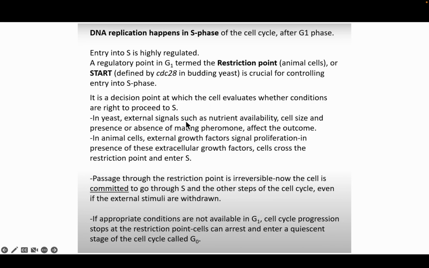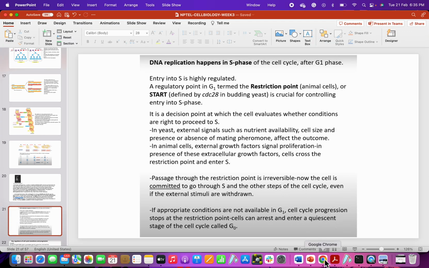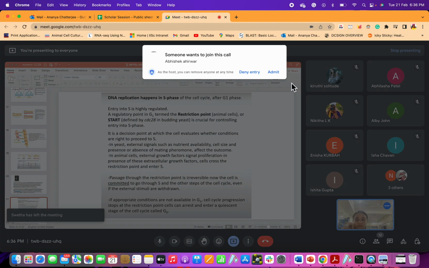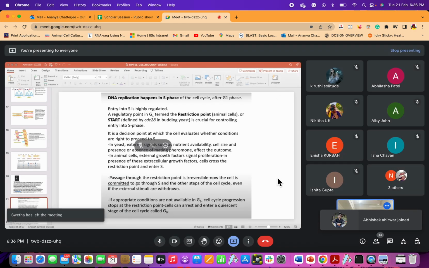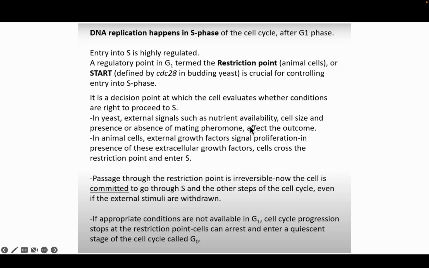In yeast, external signals such as nutrient availability, cell size, and the presence or absence of mating pheromone affect the outcome.